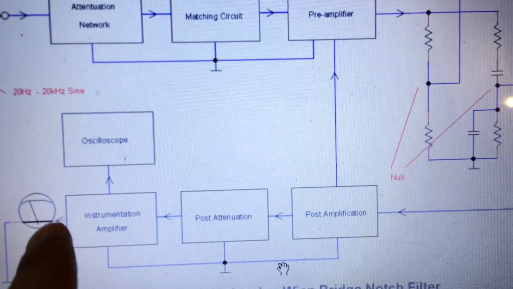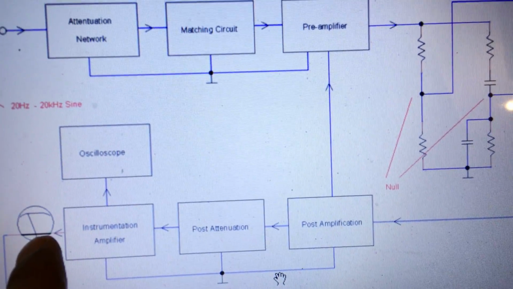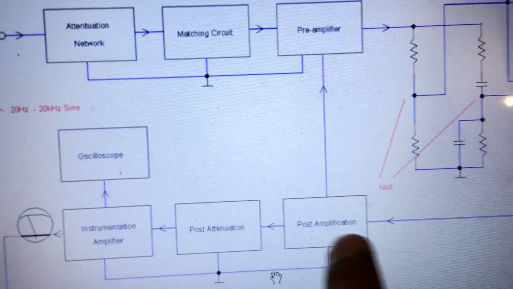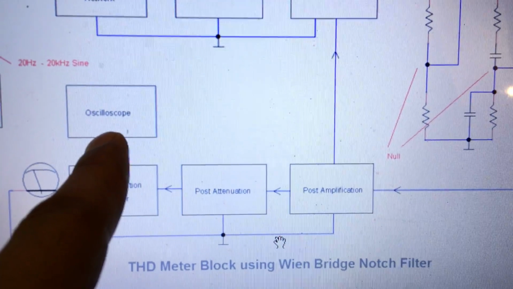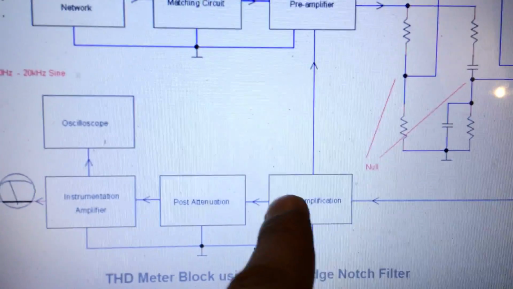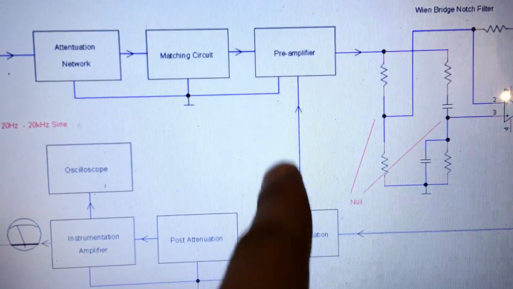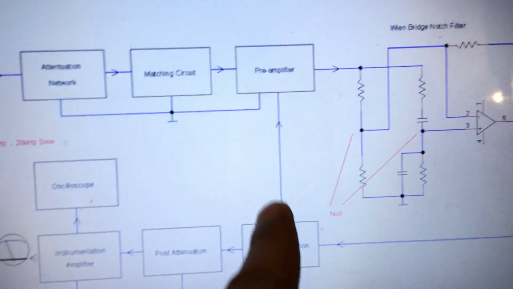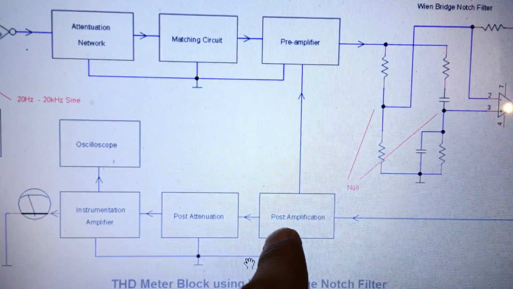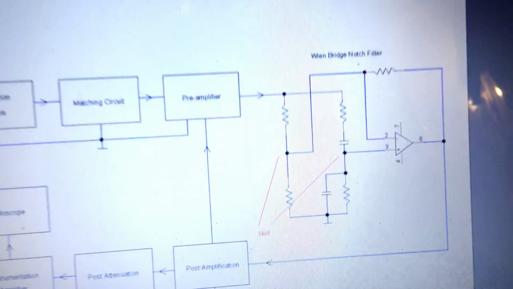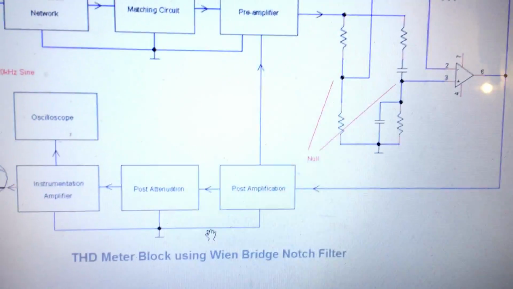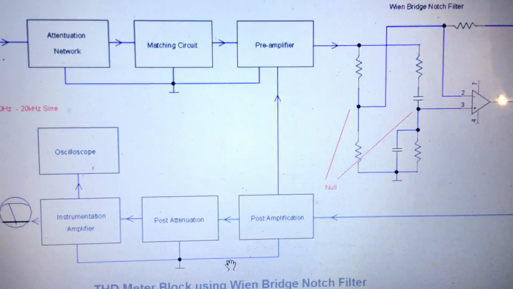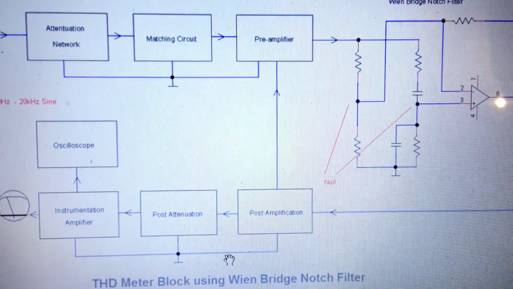So as per the need of the scaling input of this meter, this post processing is done. This is an oscilloscope present over here, and you will find that there is one switch connected over here. There is a connection from post amplification to pre-amplification.